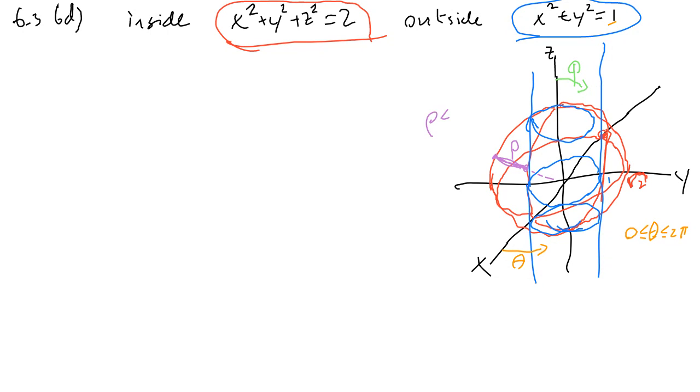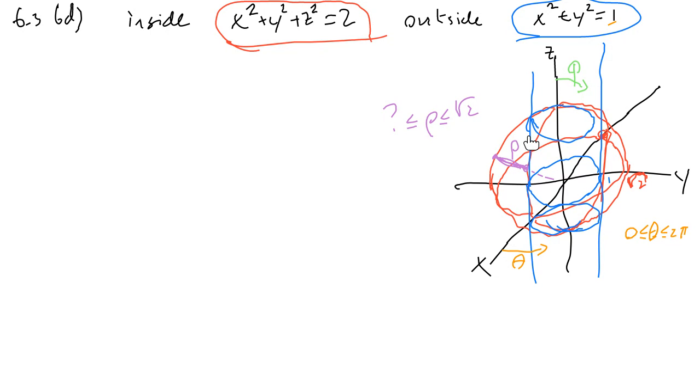So this is what I can say about the upper bound. Rho's upper bound is going to be root 2, because that's when I hit the sphere. But the lower bound is a little bit of a question mark, because if I'm on the xy plane, on the y-axis or also the x-axis, the lower bound will be 1, but if I go up a bit, the lower bound will be bigger. You can see that from the picture.